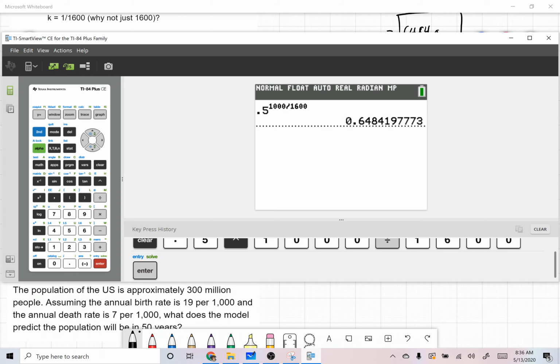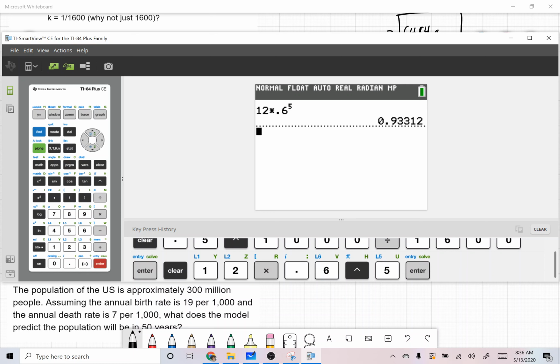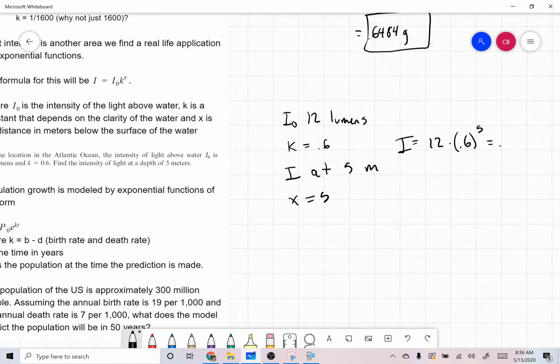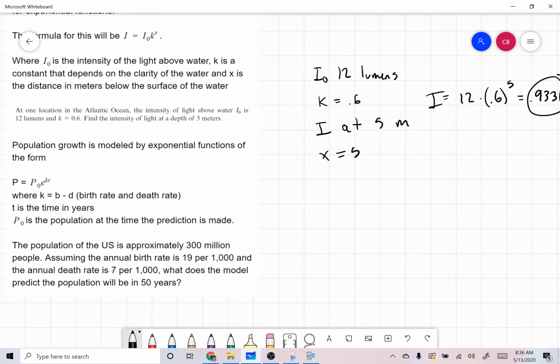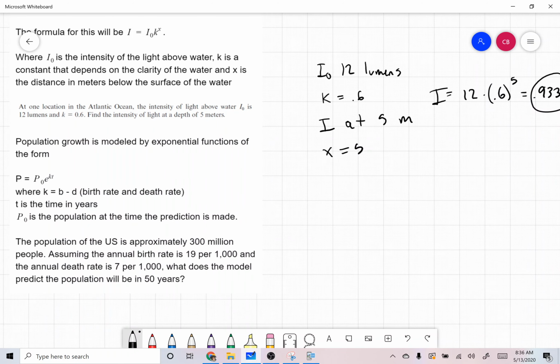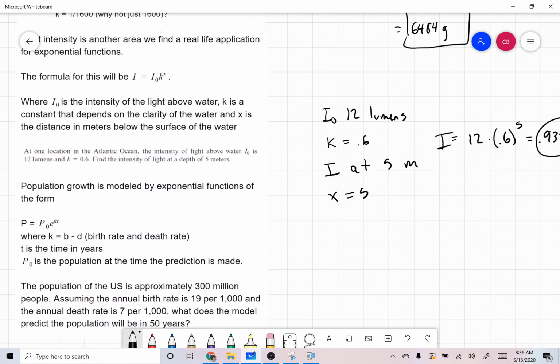If we use the calculator, we do 12 times 0.6 raised to the 5, and we get 0.9331. And so that is the light intensity.